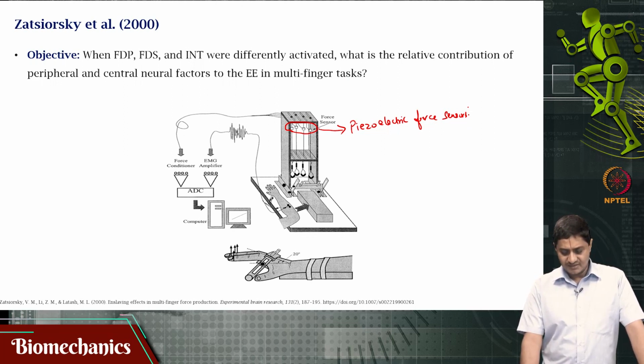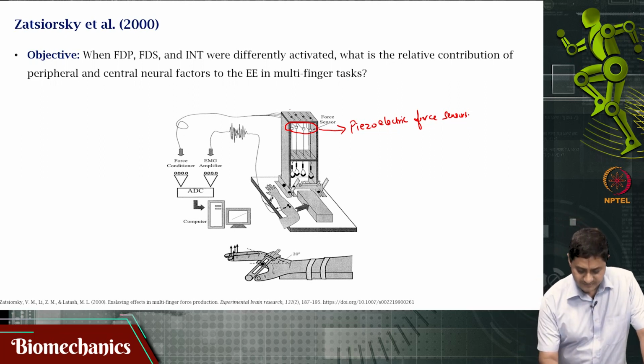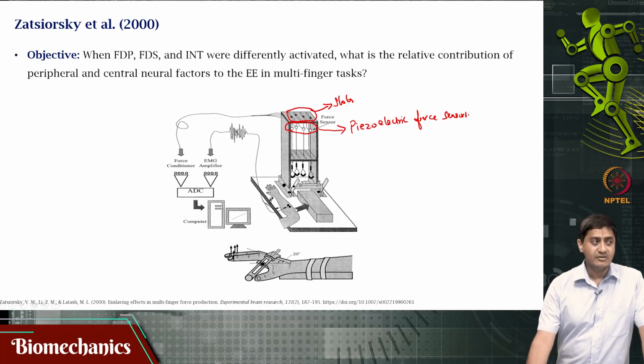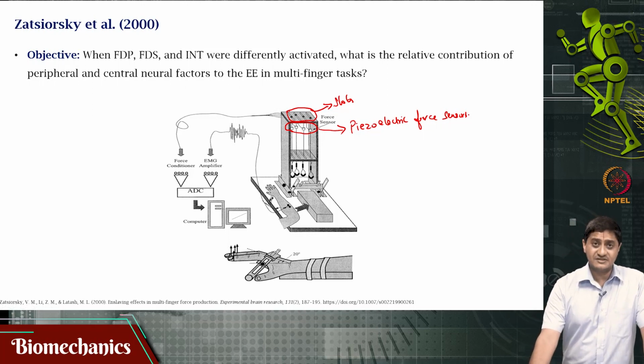What they did was they suspended these force sensors from slots. There are these 4 slots. Are you able to see these 4 slots? And from the other end of the force sensor, they connected a rope or a thread. I think this was made of steel or metal, we will have to check the details.